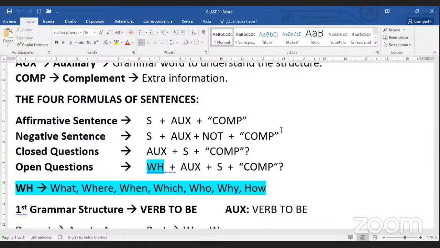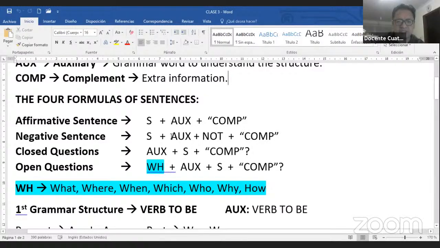Okay. Negative sentence. Subject, auxiliary, not, and complement. Very good. It's the same idea as the affirmative sentence, but the auxiliary has an extra part, which is the not. If you can write the affirmative sentence, you can write the negative sentence.